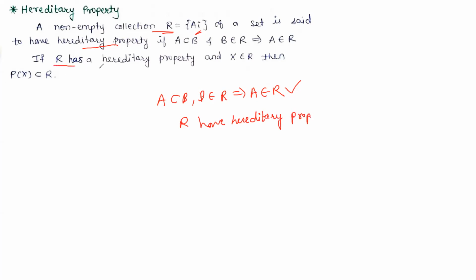And if R has hereditary property and X belongs to R, then the collection of subsets of X, that is P(X), becomes a subset of R.